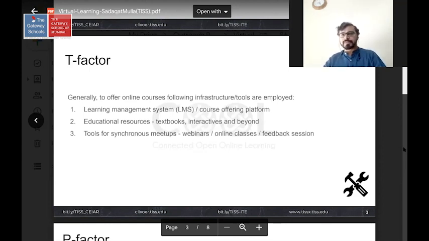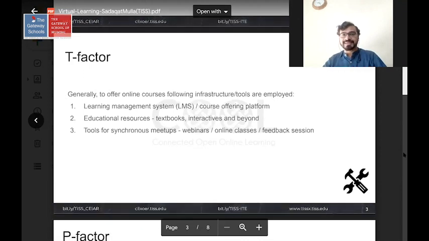Generally, an LMS, some kind of technology-enabled educational resources, and some tools for synchronous, asynchronous models of engagement are needed for virtual learning. In detail, Mario also showed there are a lot of resources curated as well, and a lot of experiences have been shared by Rohit and others. So that is the T factor, but I will focus on the P factor.